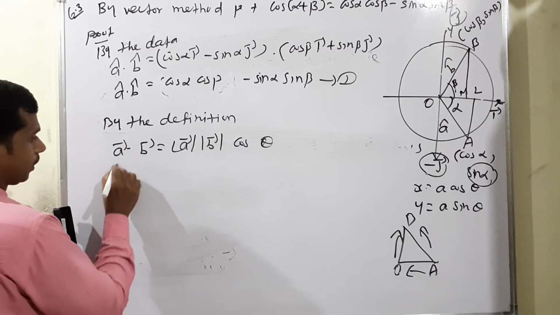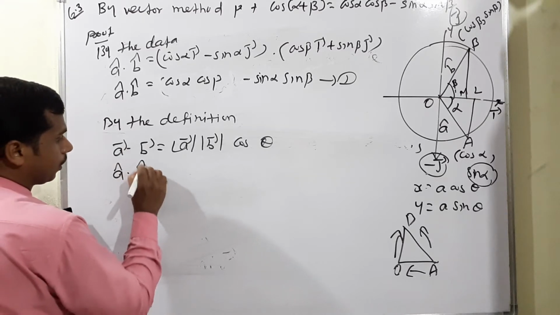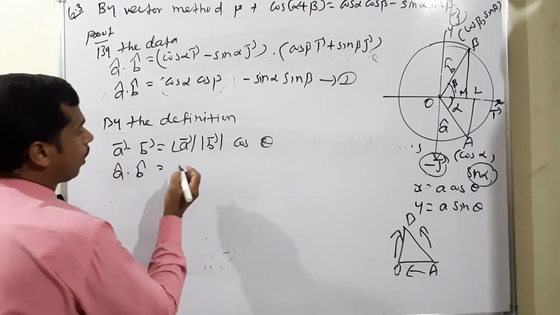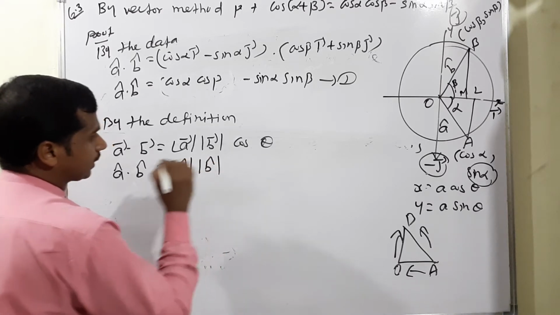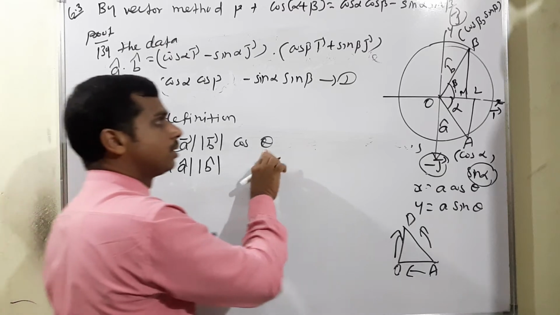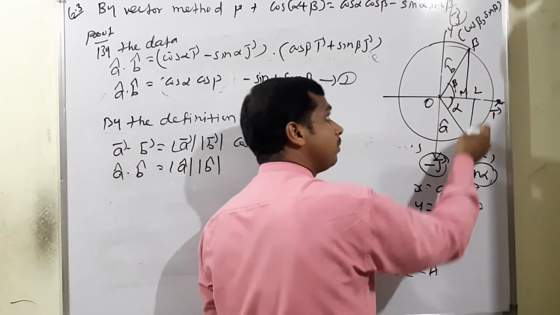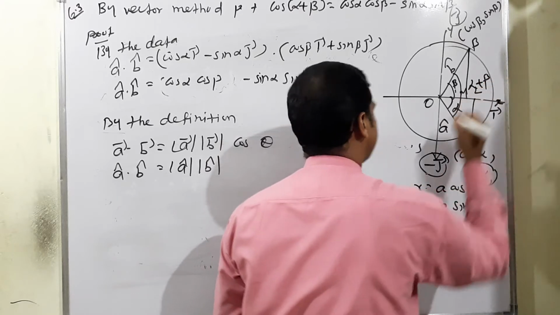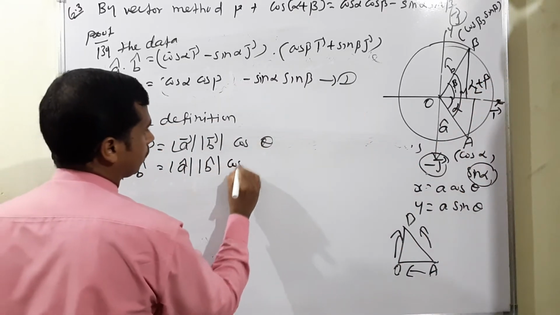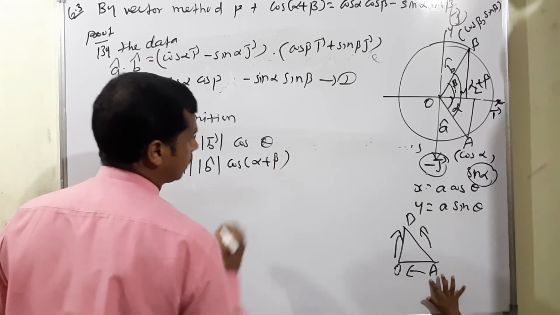So for A cap and B cap, A cap dot B cap is equal to modulus of A cap into modulus of B cap, and instead of theta, the angle between A and B is the whole angle, alpha plus beta. So we write cos of alpha plus beta.